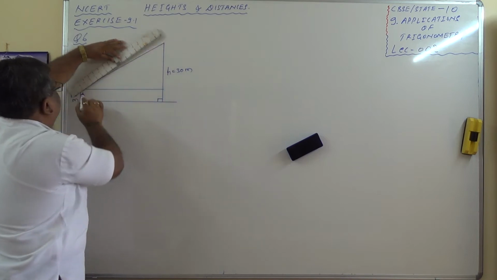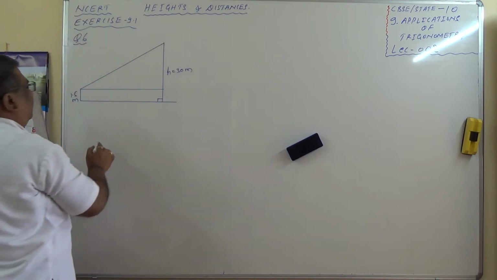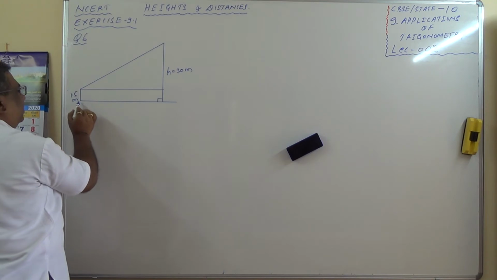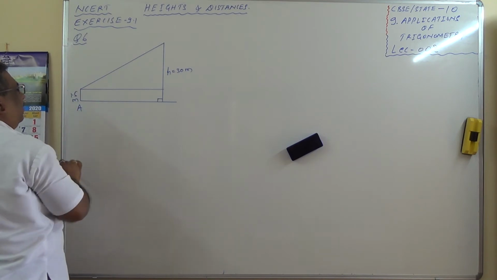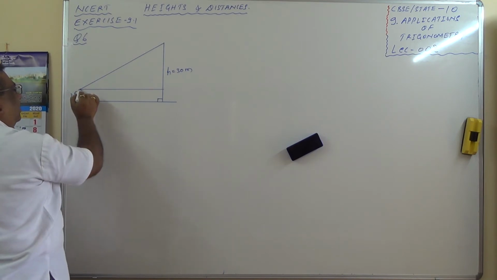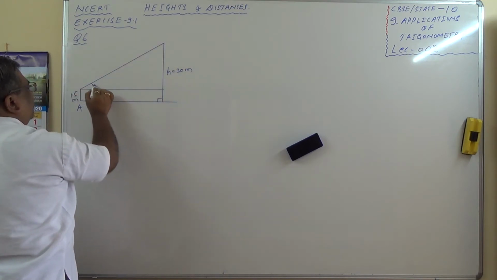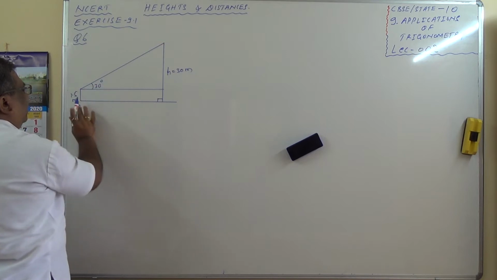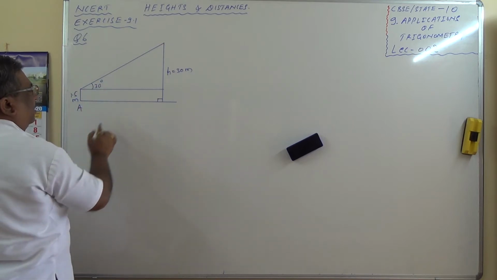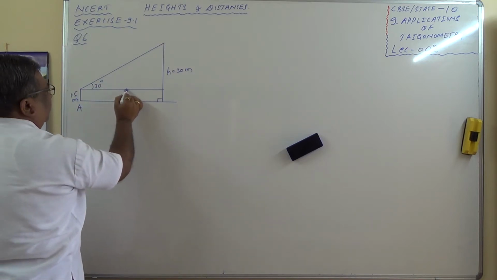So from this point, he is at some distance from this point A, and from his eyes, the angle of elevation of the top of the building is 30 degrees. Now this fellow walks like this, say somewhere he comes over here.